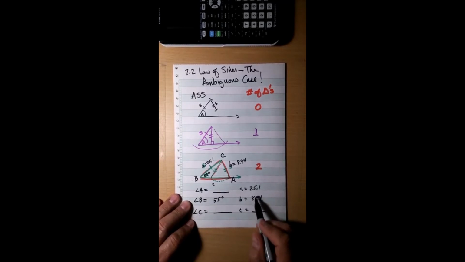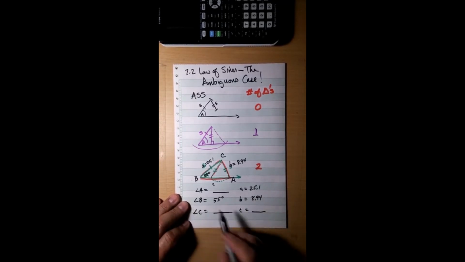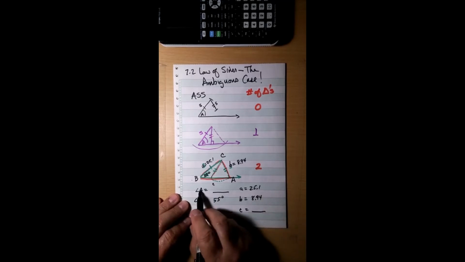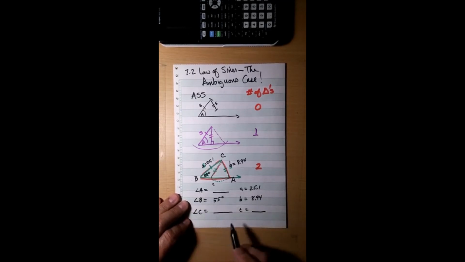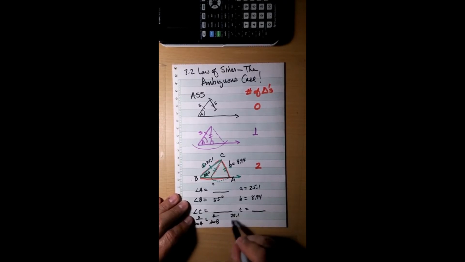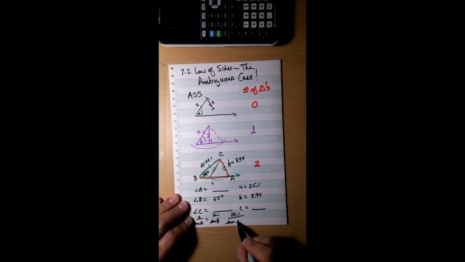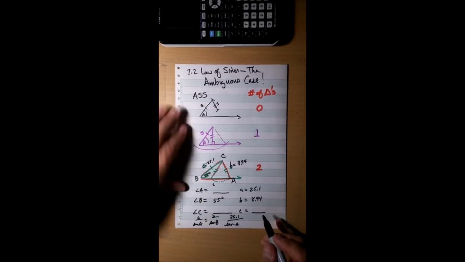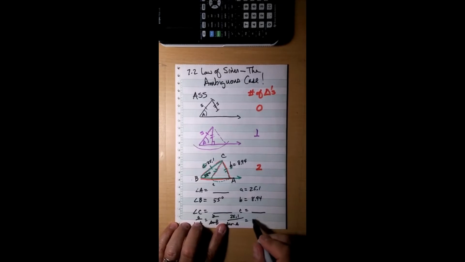So, how do we find another angle or another side? Well, if you're given two sides and only one angle, then you should be able to find another angle. Let's go for angle A, because a over the sine of A will equal little b over the sine of capital B. See, little a is 25.1 over the sine of, we don't know, angle A, and then side b, 8.94 over the sine of that angle, 55 degrees.